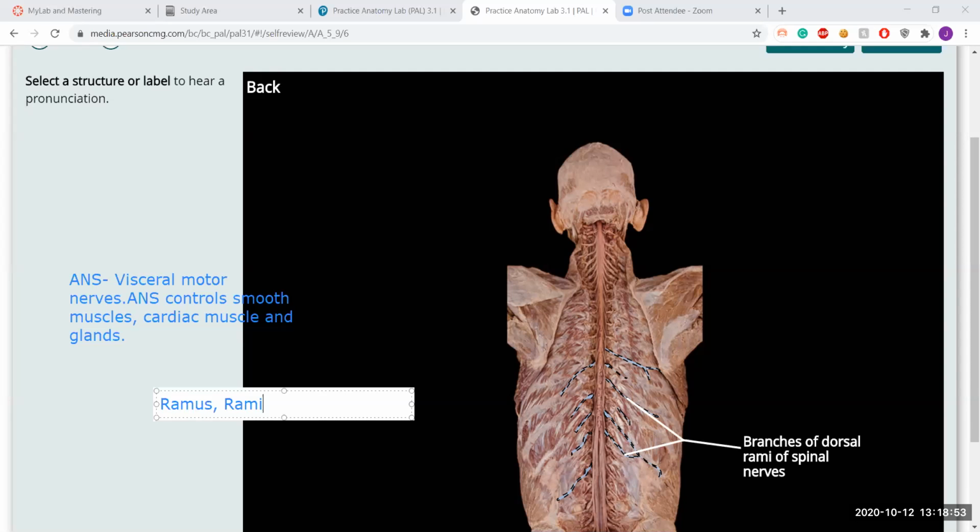Several anterior rami from several levels of spinal nerves join and form the plexus. Okay, spinal plexus. I will show you that in the models of the autonomic nervous system. So those are the branches of dorsal rami of spinal nerves.